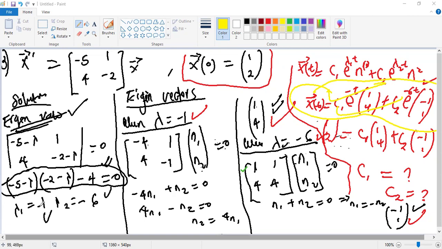Okay, my question is, after you have gotten, for example, N2 is equal to 4 N1, how now do you get the eigenvectors?